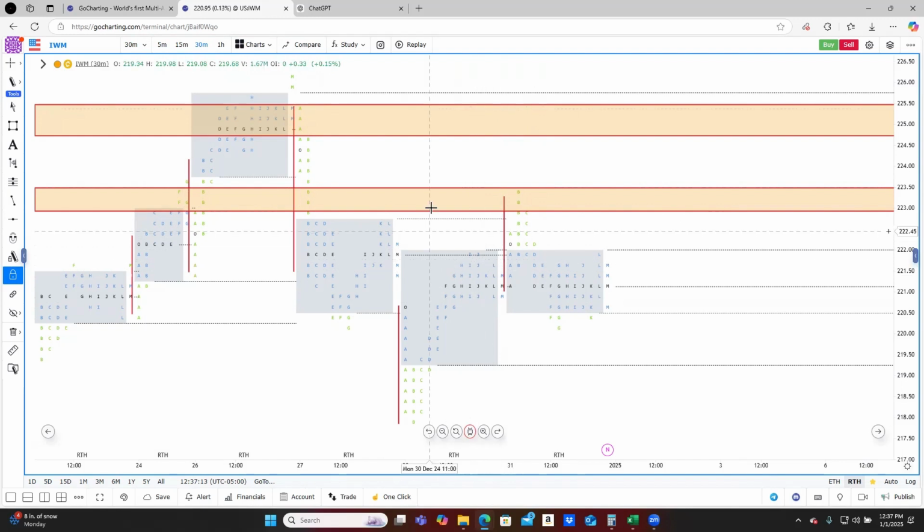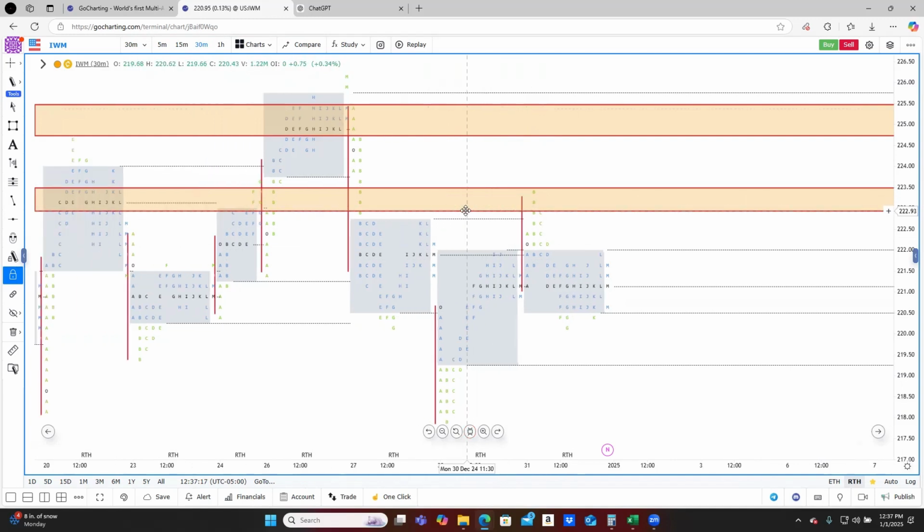This is why market profile is such a crucial tool to use when trading. It's something that has been used well before me, well before computer trading, electronic trading. This is something that has been used in the pit of the New York Stock Exchange, well before we were able to self-trade.